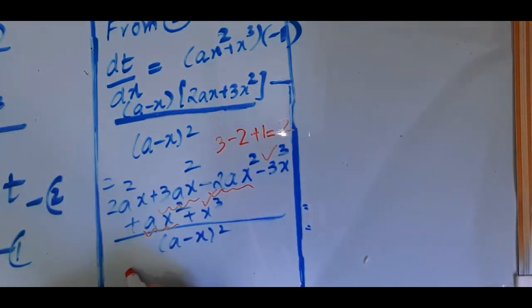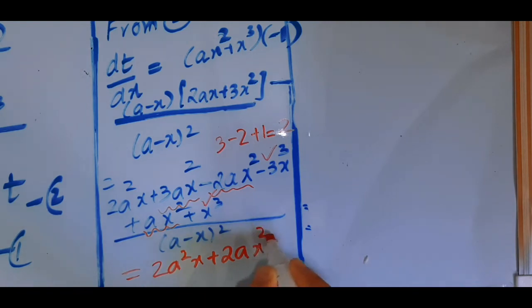So we are left with 2a square x plus 2ax square minus 2x cube divided by a minus x whole square.